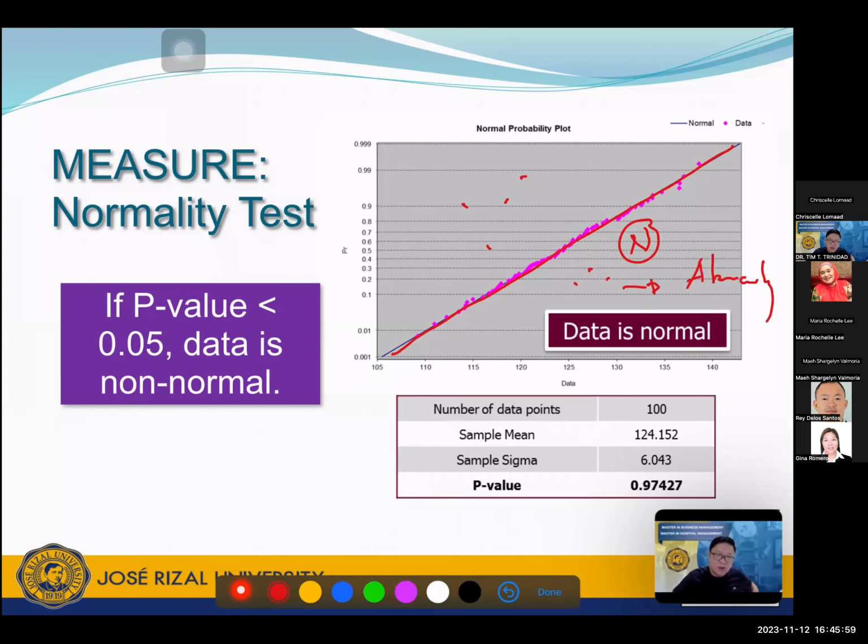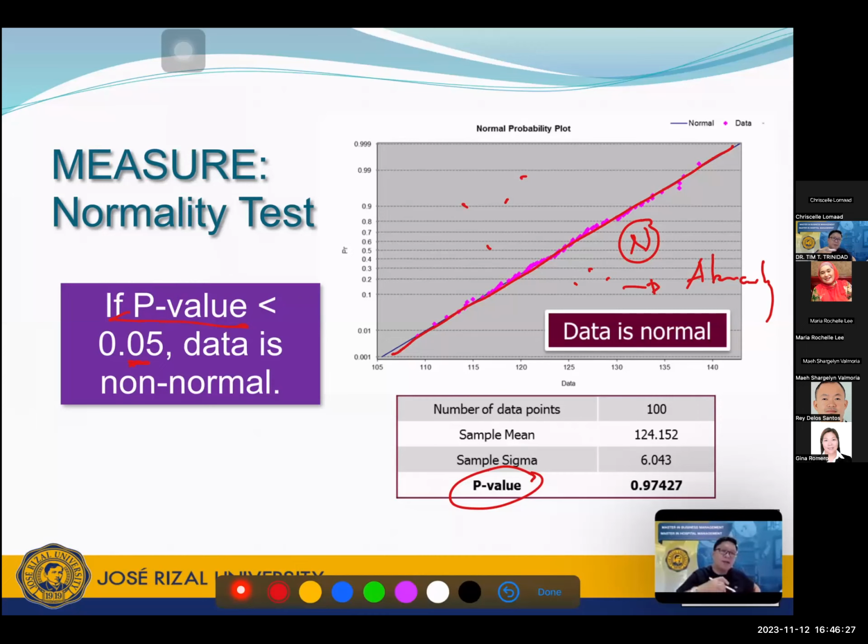For the computation, your Minitab will provide you a value, which is a p-value. So lalabas dun sa in-input mong data is a p-value. So with a p-value, there will be a decision that you have to make. If your p-value is less than 0.05, then your data is abnormal. Okay, but if it is more than 0.05, it becomes normal.